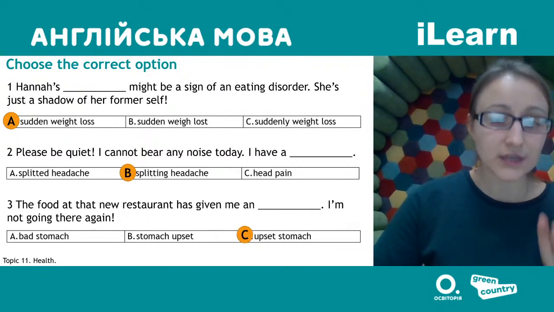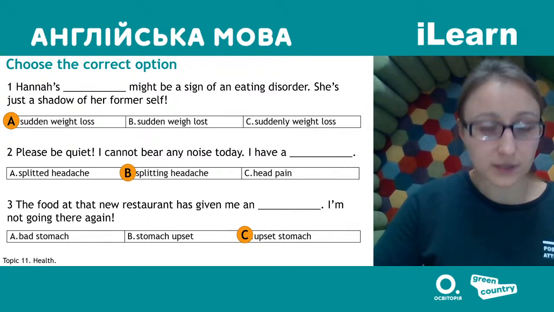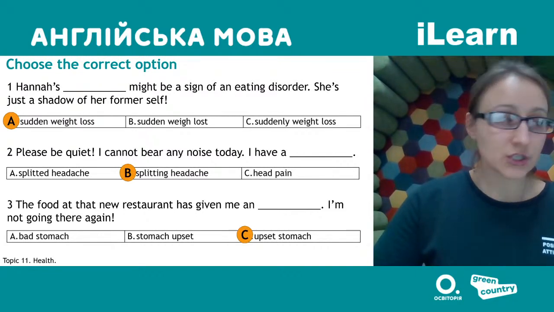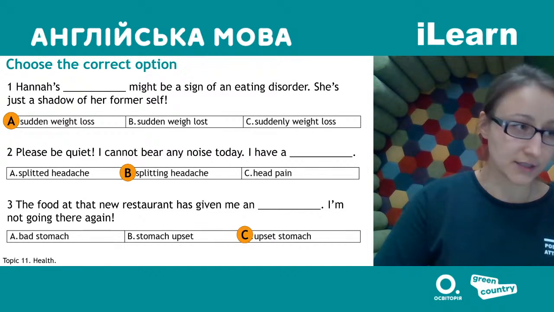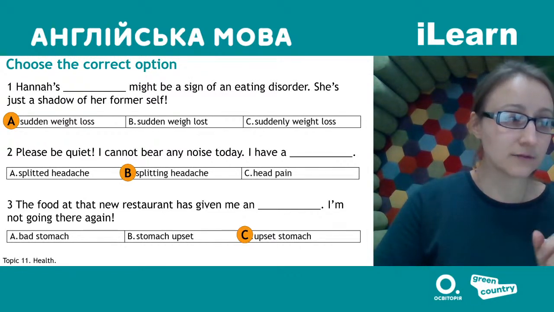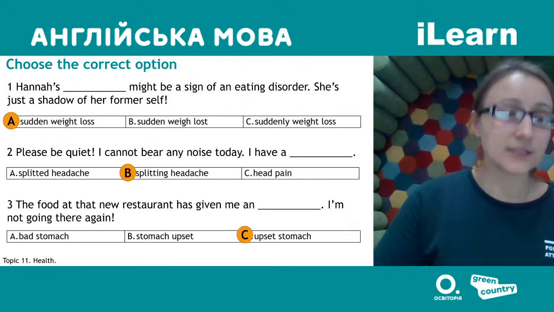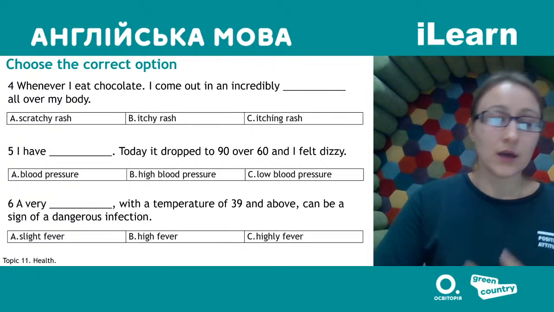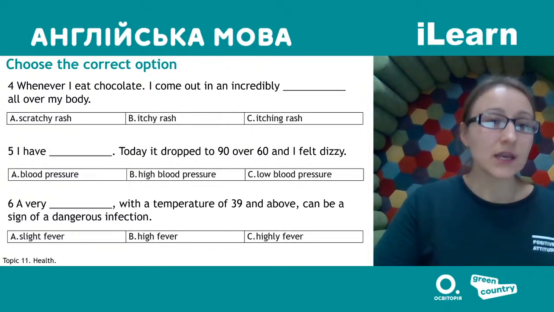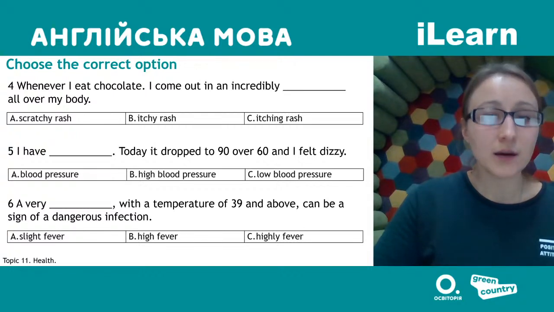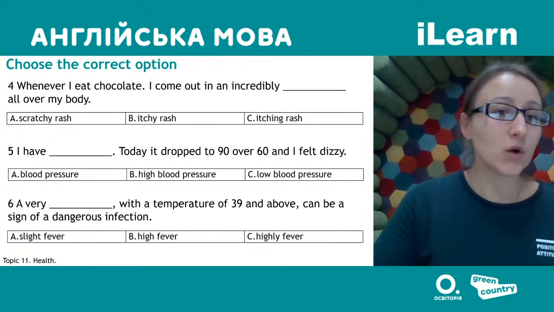So that's right, that is C, an upset stomach. While doing your use of English tasks, pay attention to articles. Звертаємо увагу на артиклі, вони вам допоможуть правильний варіант вибрати. Because it cannot be B, because we have article an. So the next sound should be vowel. Okay, let's go next. Whenever I eat chocolate, I come out in incredibly all over my body.